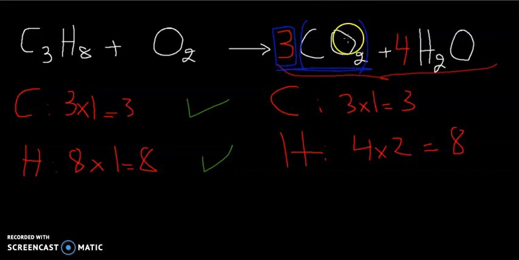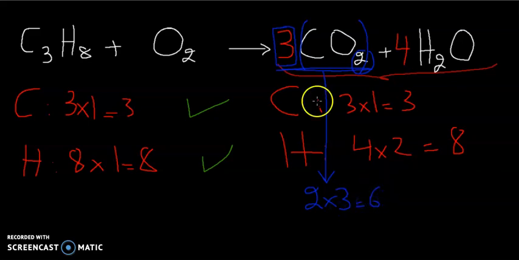So any atom you have here, you multiply it by the coefficient. So for CO2, let's check the oxygens. How many oxygens do you have? Okay, you have 2. What's the coefficient? 3. So here it's 2 multiplied by 3, which is 6 oxygens in CO2.